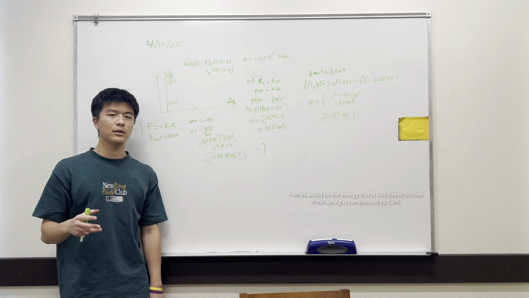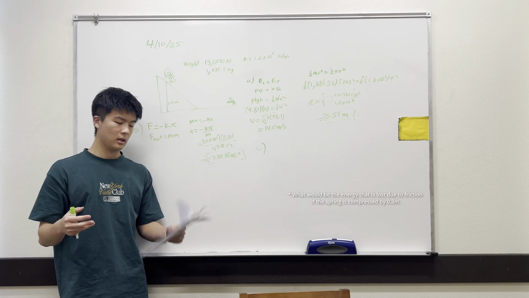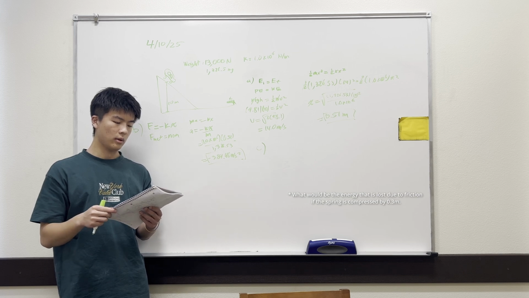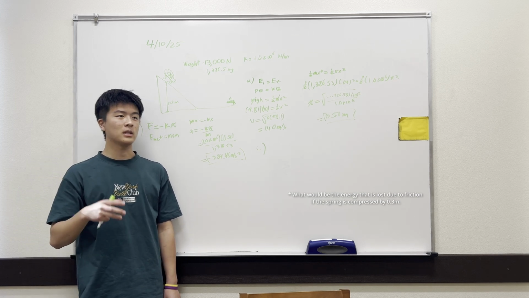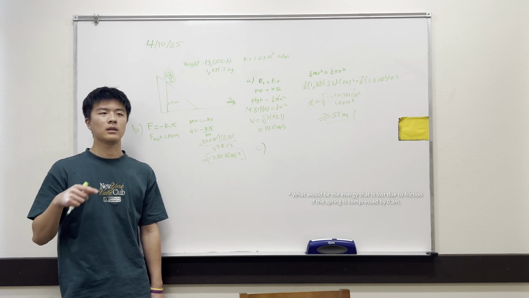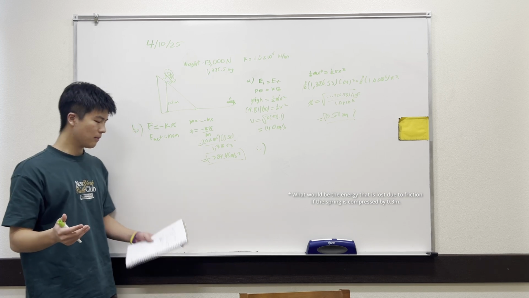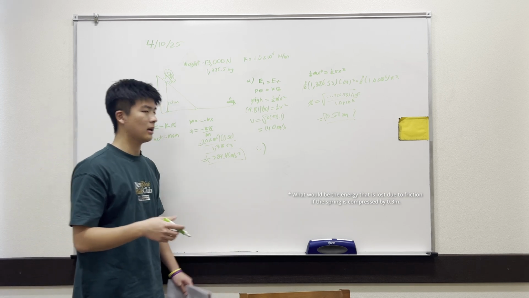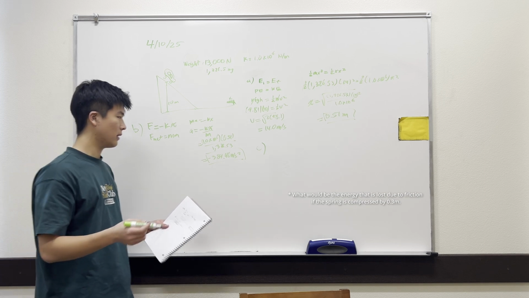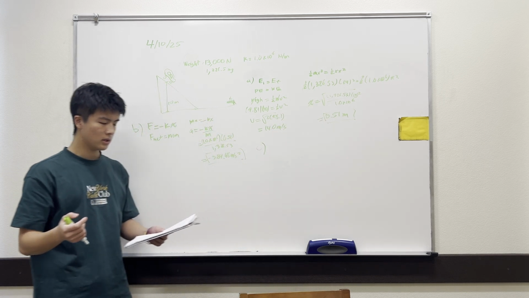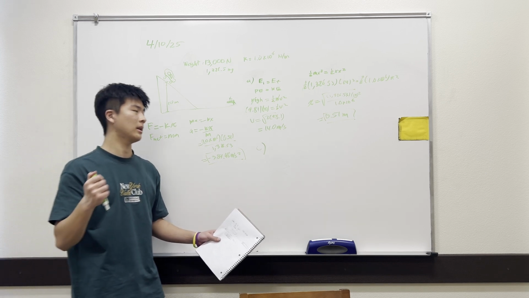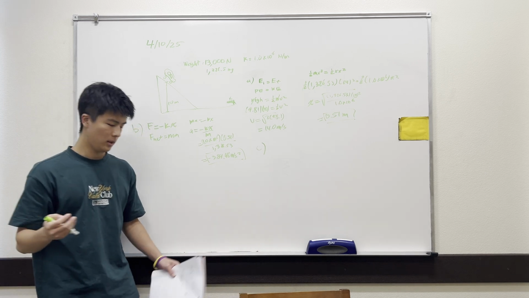I'm going to be on the assumption that it's the difference in work, and if it's not, then I'll let you guys know on the YouTube video. Under the assumption that it is work, we're going to find the difference between the energy with 0.5 and the energy with 0.3 meters.